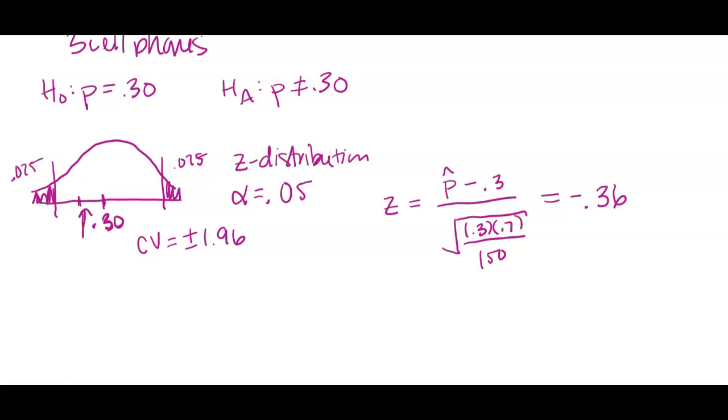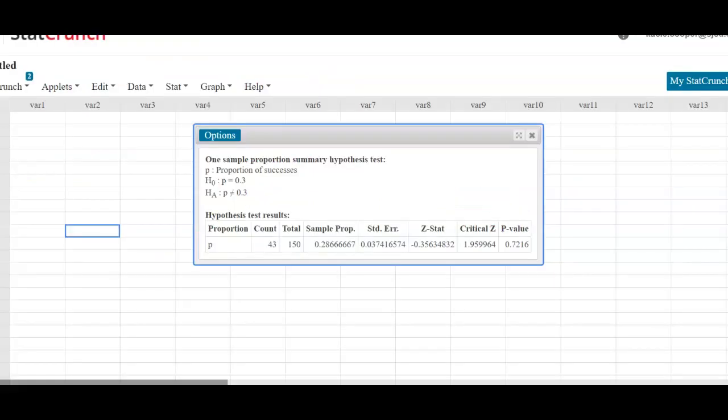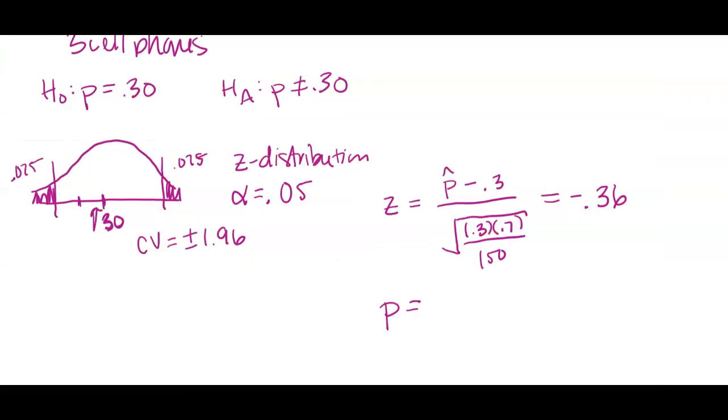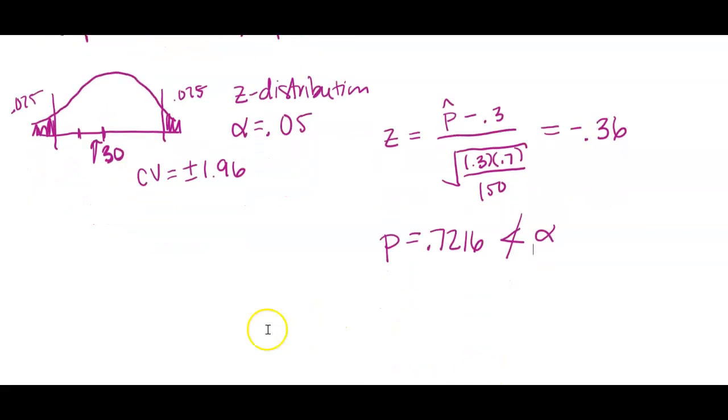Not even 1 standard deviation away from the mean, right? Not in the rejection region. And the probability in the output, what was it, like 70%? Yeah, 0.7216, which is not less than our significance level, right?